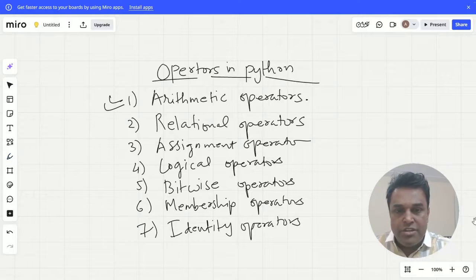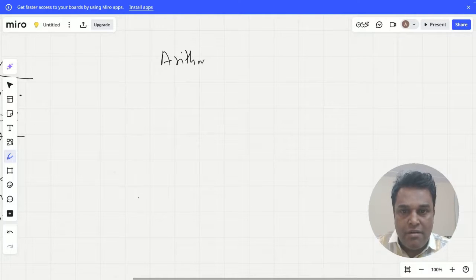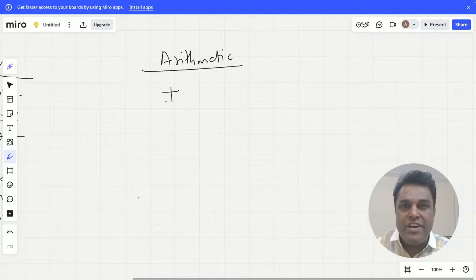Let me just shift this. Arithmetic operator. So the arithmetic operators are plus, which is very simple, as it denotes, that is for addition. Arithmetic means for doing the mathematical calculation like plus, minus, division.